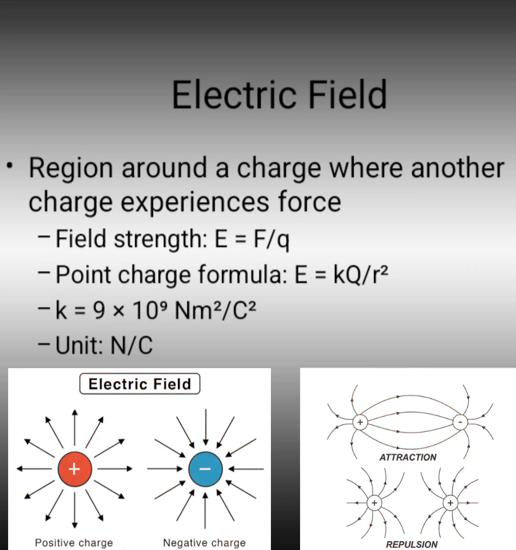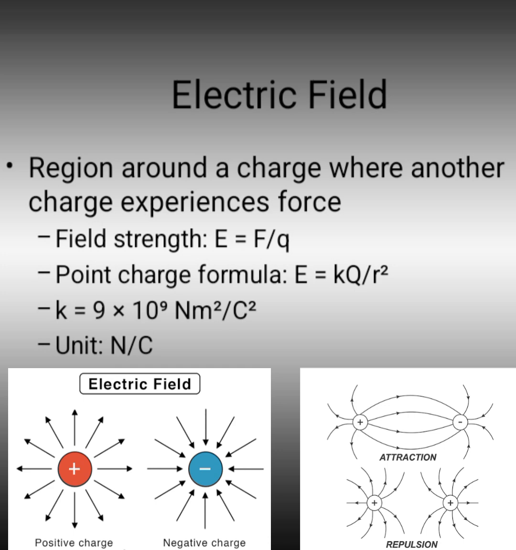Under the electric field, we are now focusing on the positive and the negative charge. Before they come together, there is a space in between them. That space is what we refer to as the electric field. It means that the electric field is a region around a charge where another charge experiences force.